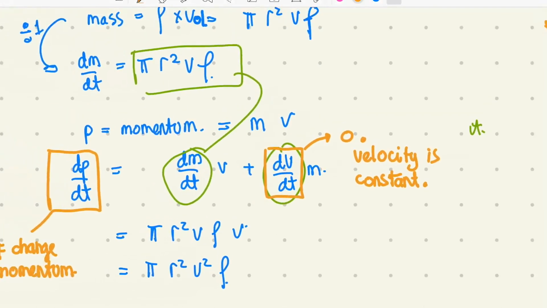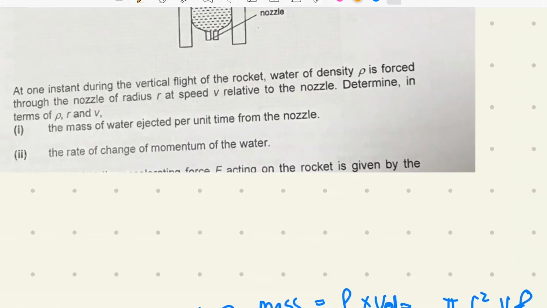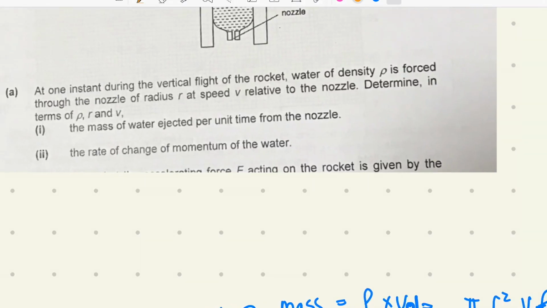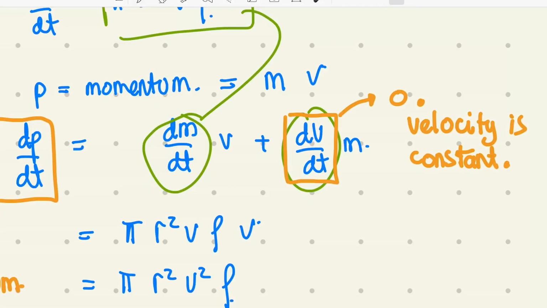How do you know that the velocity is constant? I think they mentioned it in the question here. They mentioned, where is it? Speed v here. Yeah, at speed v. The speed is constant. So dv/dt is 0.